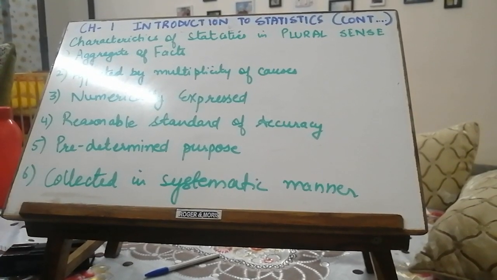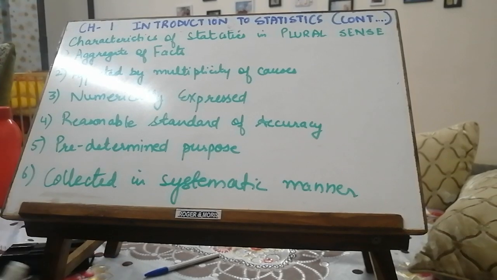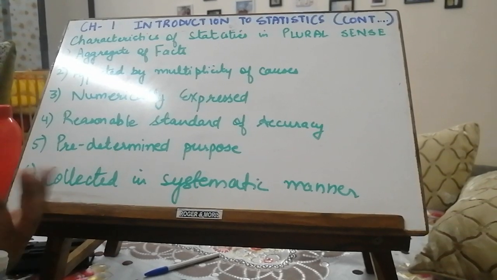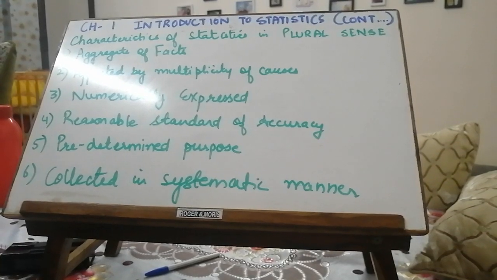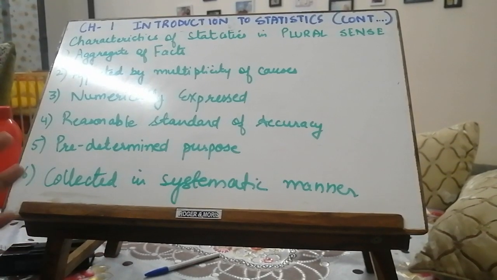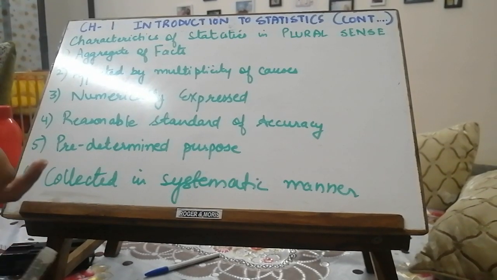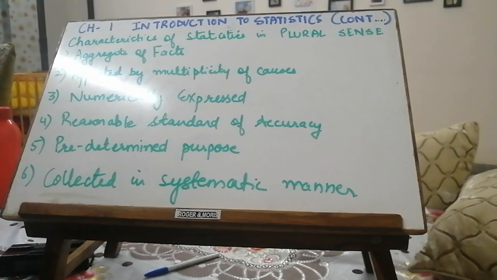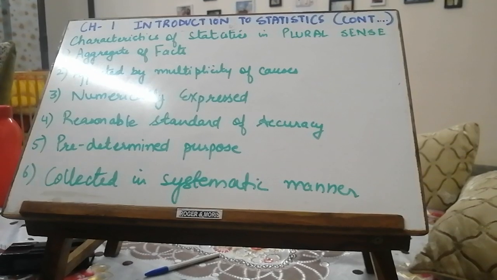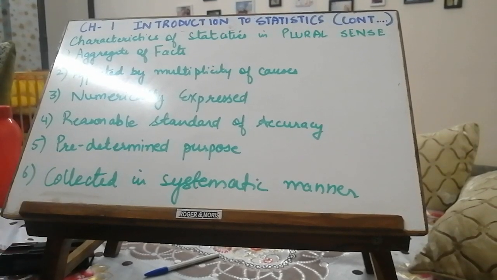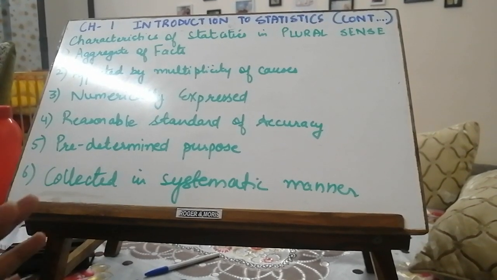Singular sense means the methodology, the stages, the tools, the techniques that we use to do statistical analysis. Like I told you in the previous class, there are different stages like collection, organization, and so on and so forth. So we will be discussing those stages and also tools along with them.